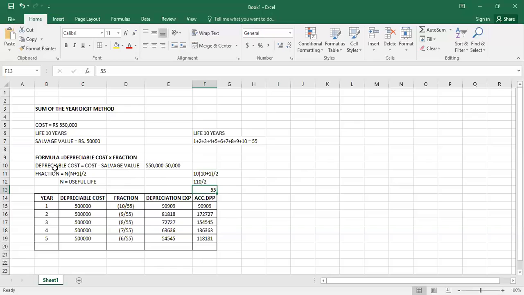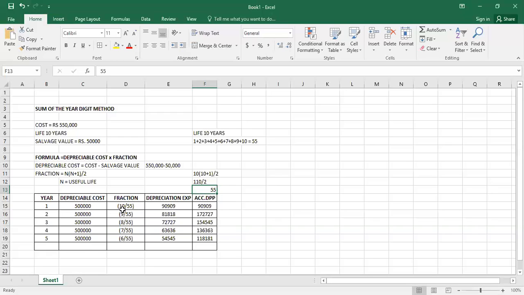The depreciation formula for the sum of the digits method is depreciable cost into fraction, and depreciable cost will remain the same. You have to calculate the depreciation for the first 5 years. So depreciable cost will remain the same, and the fraction is here 10 upon 55, 9 upon 55. Why?